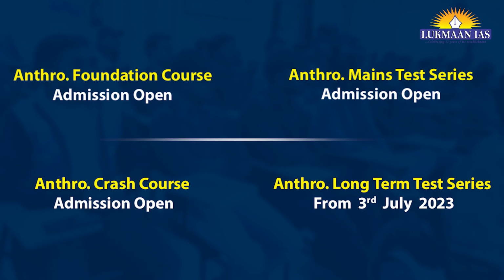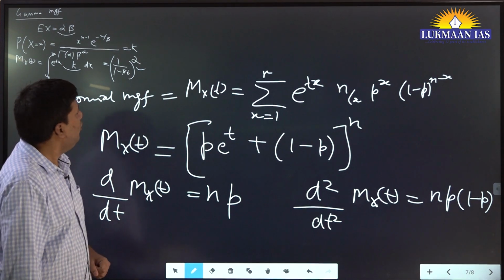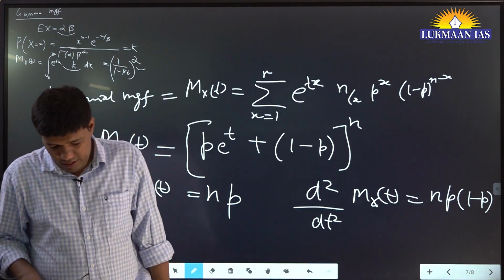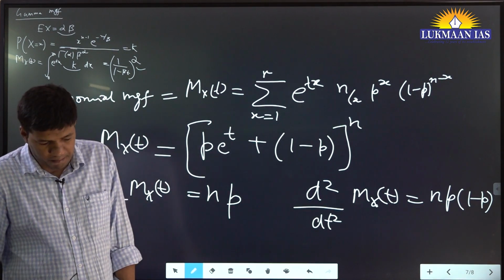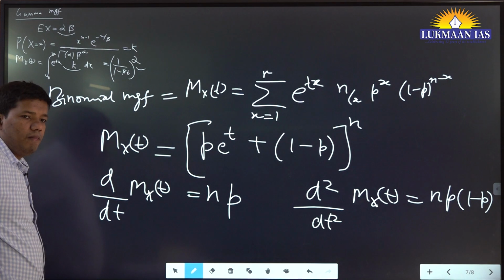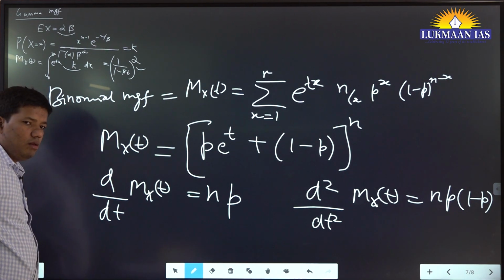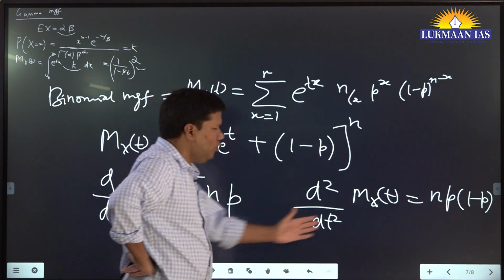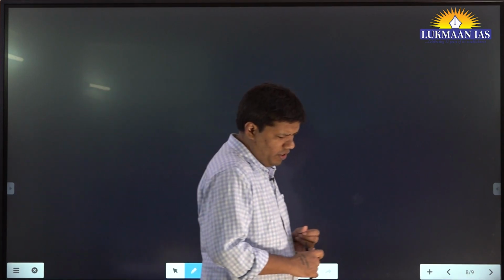So you have seen three methods. Chalo, this is fine. With the binomial MGF method also we can calculate mean and variance. It's a different method, right? Okay. So now this thing is complete.